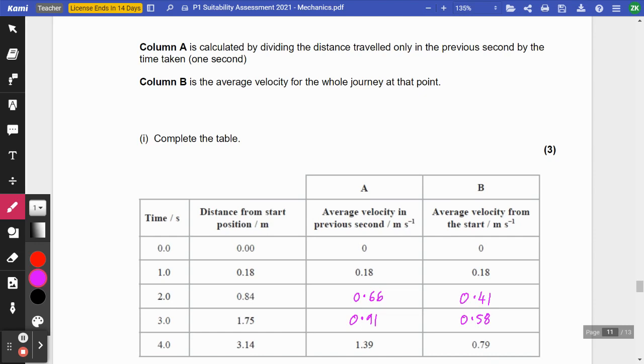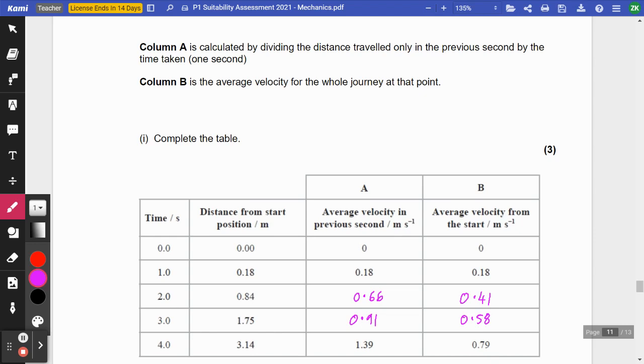Then 0.84 divided by 2 seconds is 0.41, 1.75 divided by 3 seconds is 0.58, and 3.14 divided by 4 is 0.79.